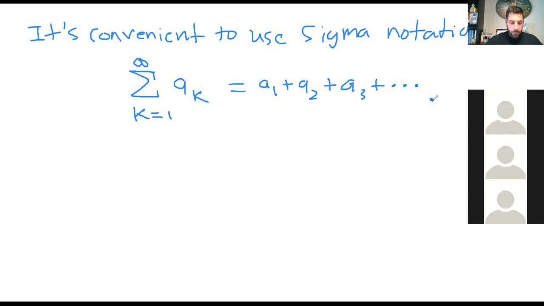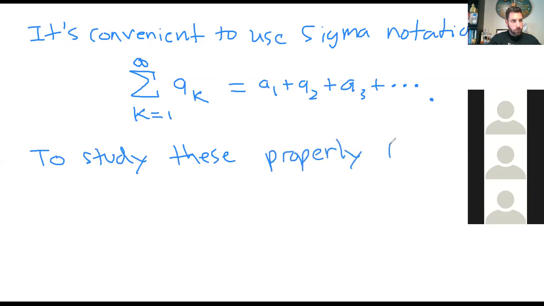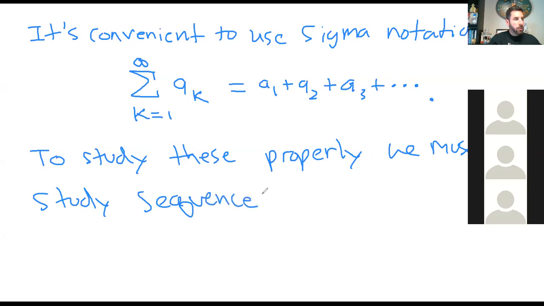Now, to study these properly, we must study sequences first. So you've now learned two words. You've learned sequence and series.